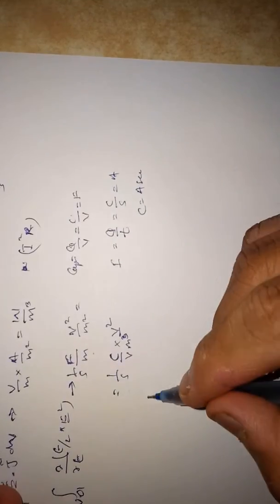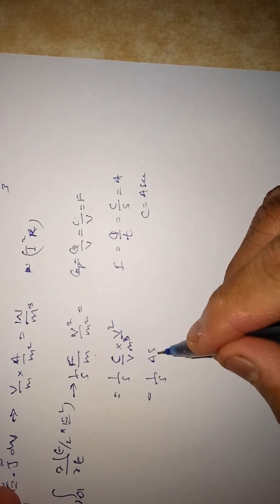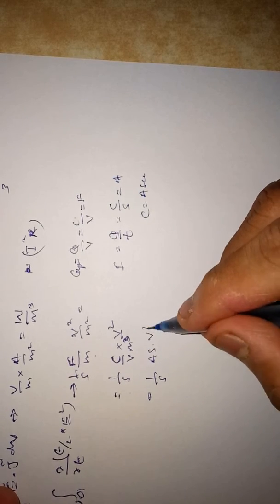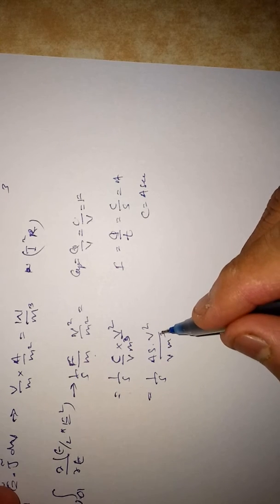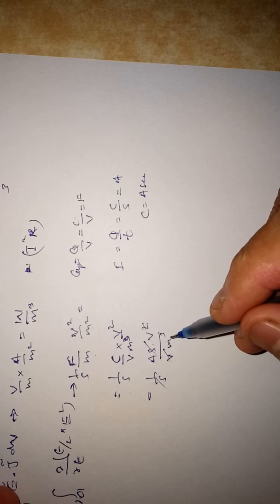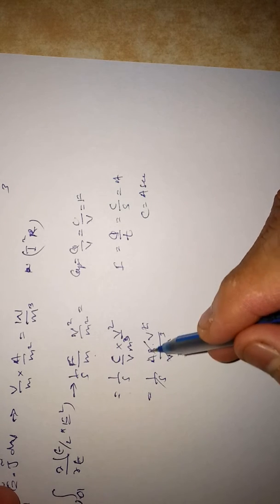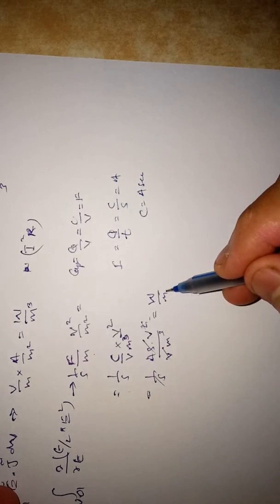So if I put 1 upon S instead of C, ampere second into volt square divided by volt meter cube, this second will cancel, volt will cancel with this, and ampere into volt becomes watt divided by meter cube.